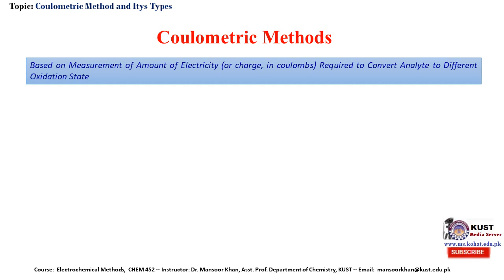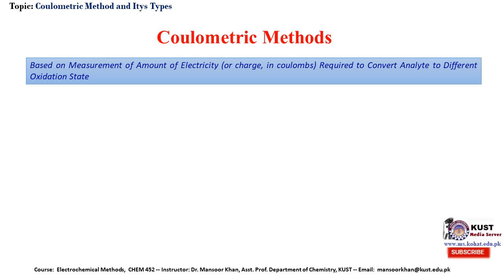is measured by measuring the amount of electricity which is consumed to convert the particular amount of analyte which is present in one oxidation state into another oxidation state. So, what happens?